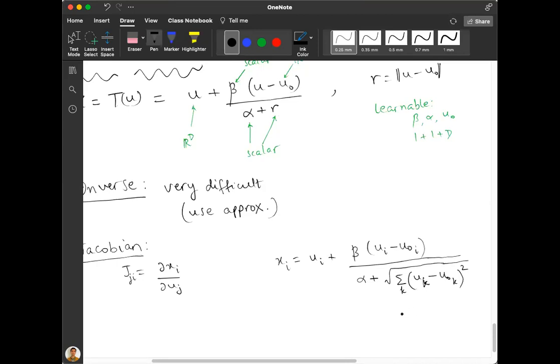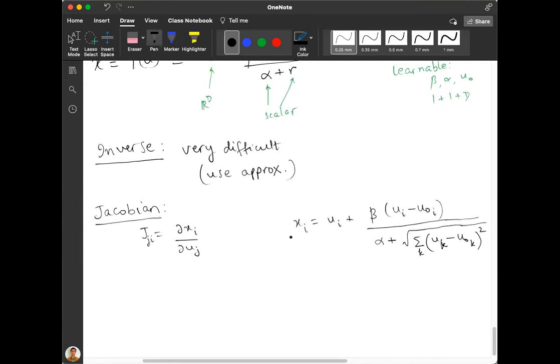Right. Can you quickly compute the Jacobian? I can also do it, but okay, it was just a good exercise.